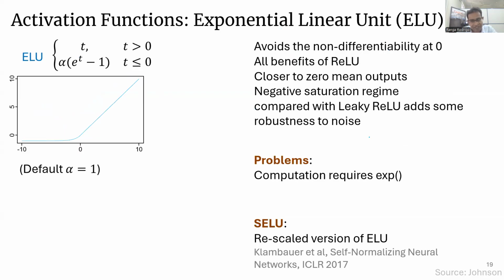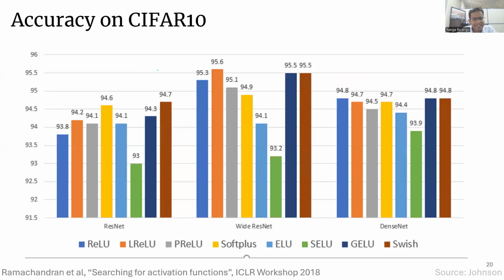Then, of course, ELU reduces the problem of non-differentiability, avoiding the non-differentiability at 0. But its computation is slightly expensive. Does not matter too much. But the thing is, by changing the activation function from ReLU to leaky ReLU to PReLU to whatever, you don't gain much.